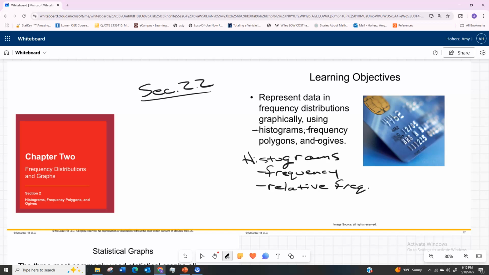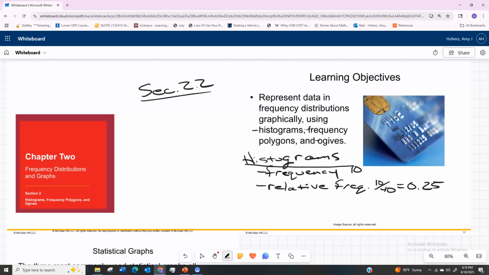The relative frequencies you can think of like the percentages. Let's do something simple: instead of saying 10 out of 40, you would say 25% or 0.25. So frequency would just say there's 10, and relative frequency would say there's 10 out of 40, or 0.25 of the data was from that specific class. So for histograms, you have both of those.